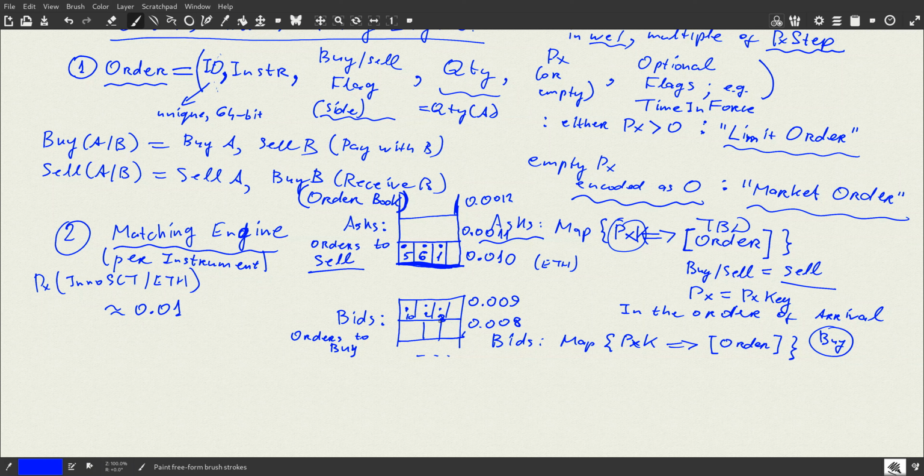For example, yes, there are people selling our coin, but the lowest sell price is 0.01. Yes, there are people who would like to buy our coin, but they do not agree to buy at 0.01. They say, no, it's far too expensive. The maximum I can give for our coin is 0.009, or the corresponding amount in wei. I'm using Ethereum here instead of wei, but you would really need to specify it in wei.